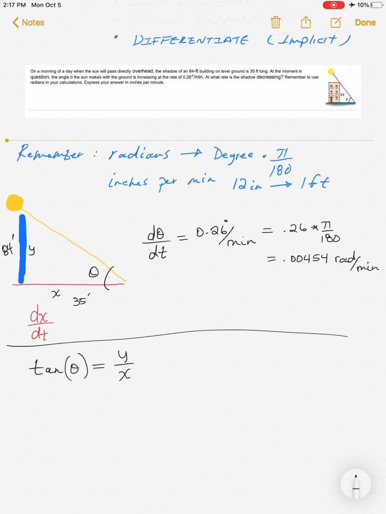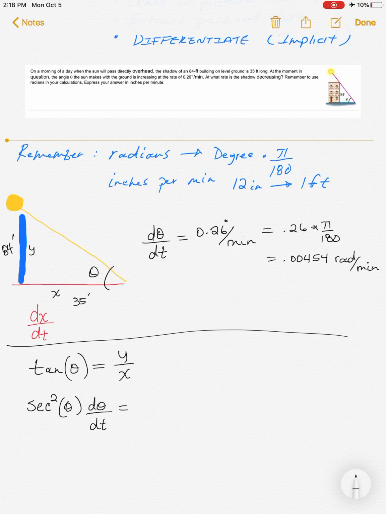Notice that y is the building height, and that's static. It's not going to change. So we can look at that y as a constant. So when we take the derivative using implicit differentiation with respect to time, the derivative of tangent is secant squared theta d theta dt, because we're differentiating everything with respect to time.